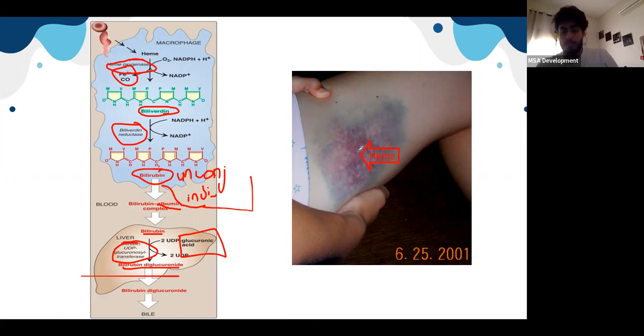So when someone gets injured, for example when someone hits a table, the heme degradation is happening where it doesn't usually happen. You know how we said it happens in the spleen or the bone marrow.